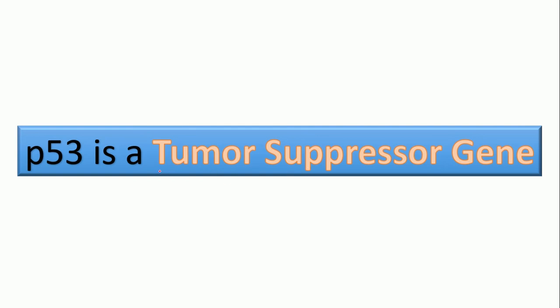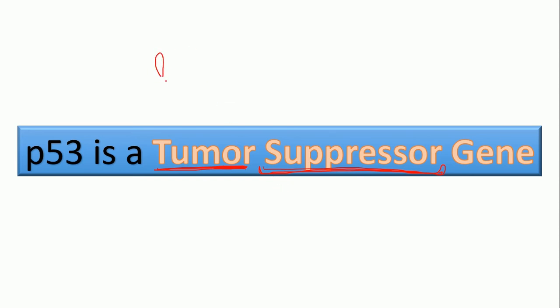That is, it is helping a cell not to form tumors, not to grow abruptly by inhibiting the cell cycle, and it is suppressing the tumor formation. That is why it is called a tumor suppressor gene.